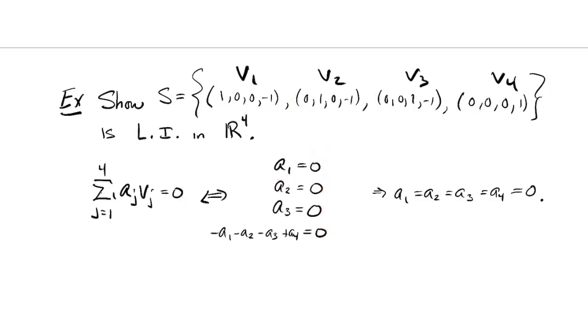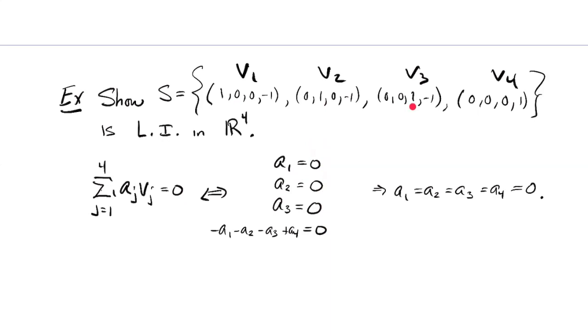Likewise, can you see it? a2 is equal to 0 as the second equation, because you don't get any contribution there. You pick up one a2 here, a3 gets multiplied by 0, and a4 gets multiplied by 0. Same thing for a3. It only gets picked up right there. So that's the equation a3.